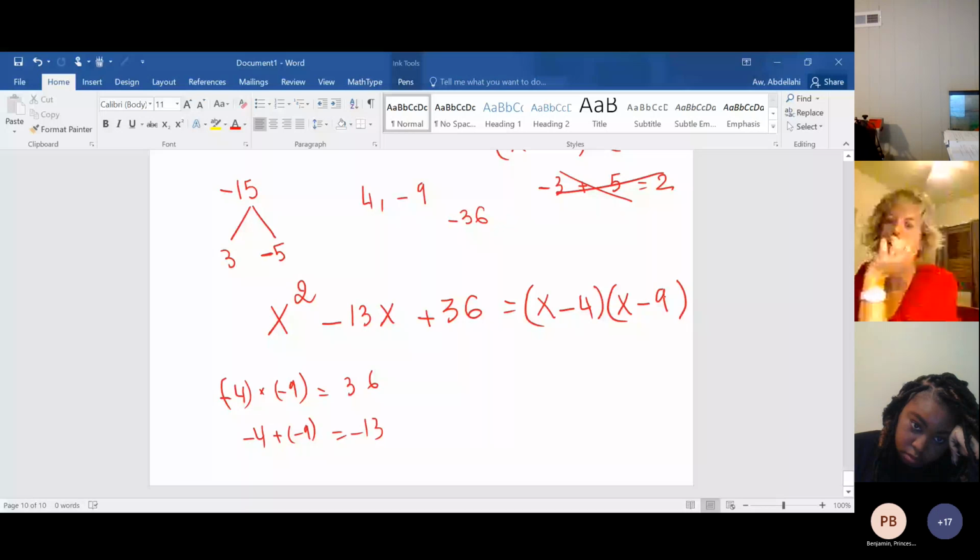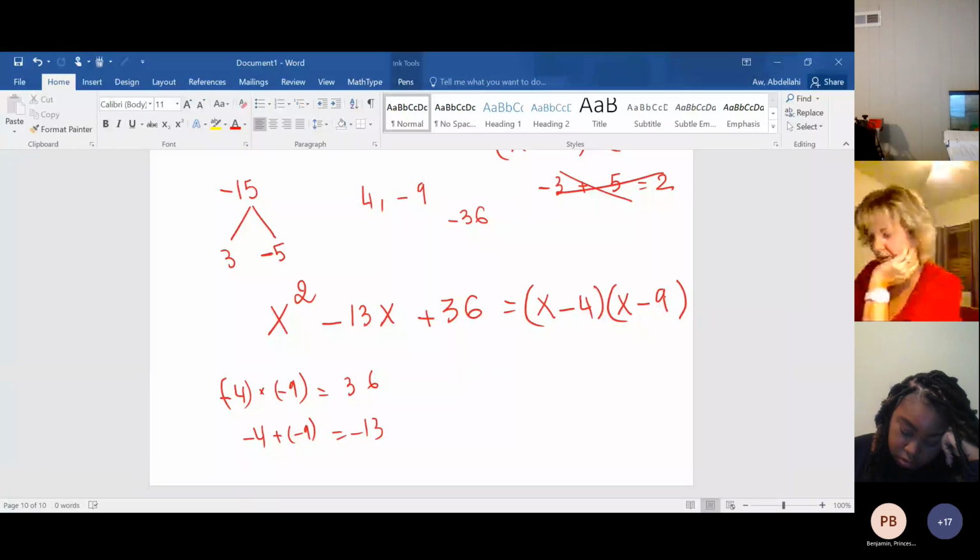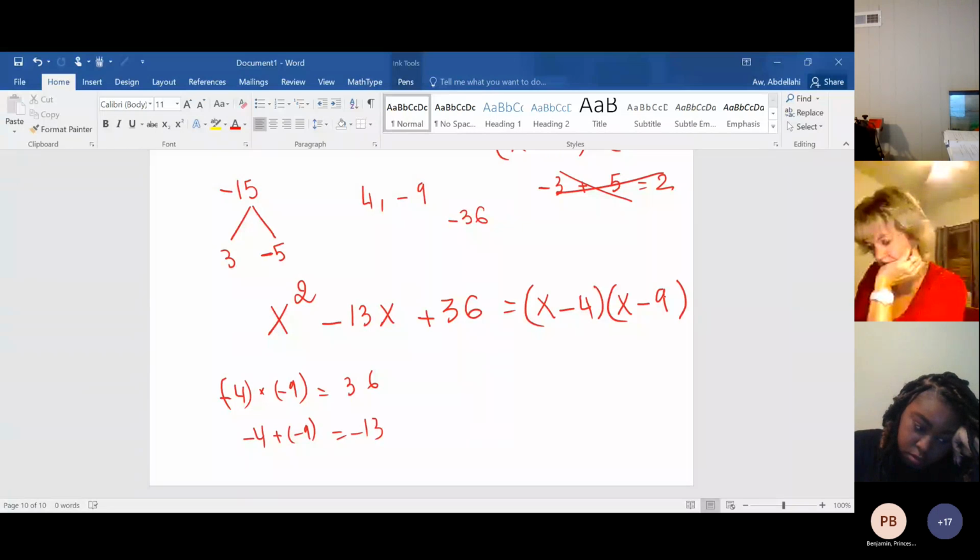I don't want to go into the logic of it, but every time this sign is positive, it tells you the two numbers have the same sign.